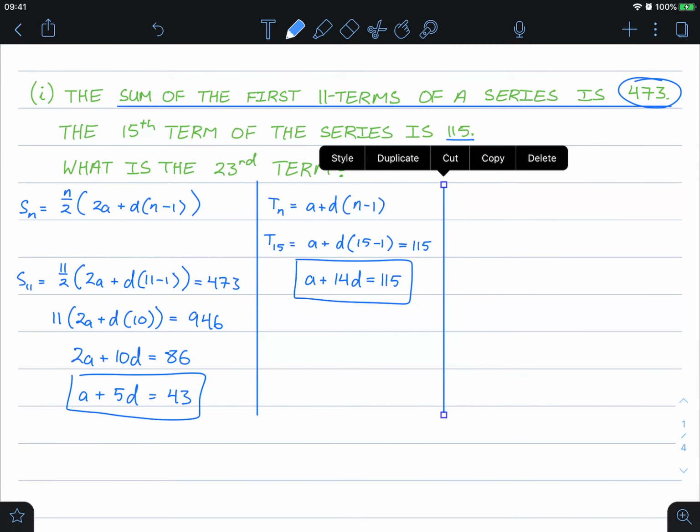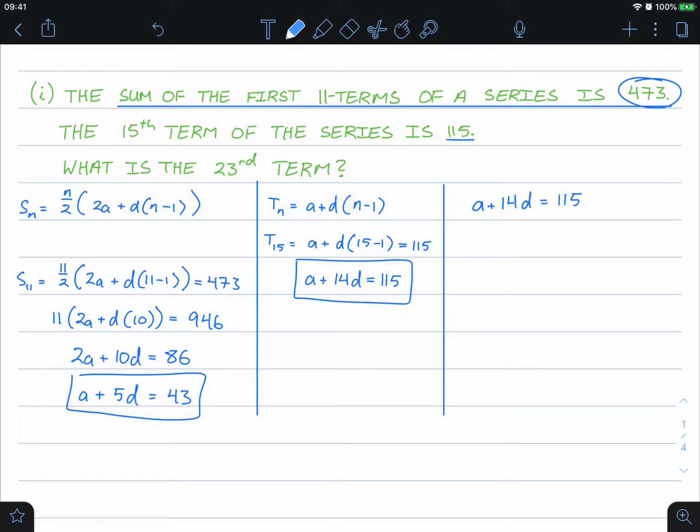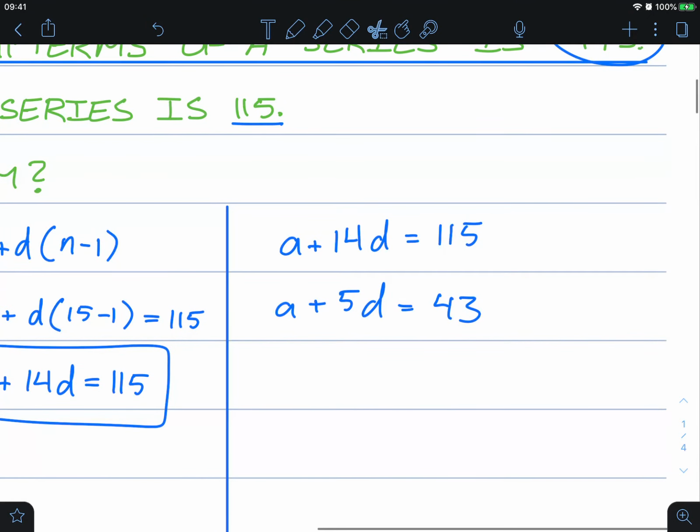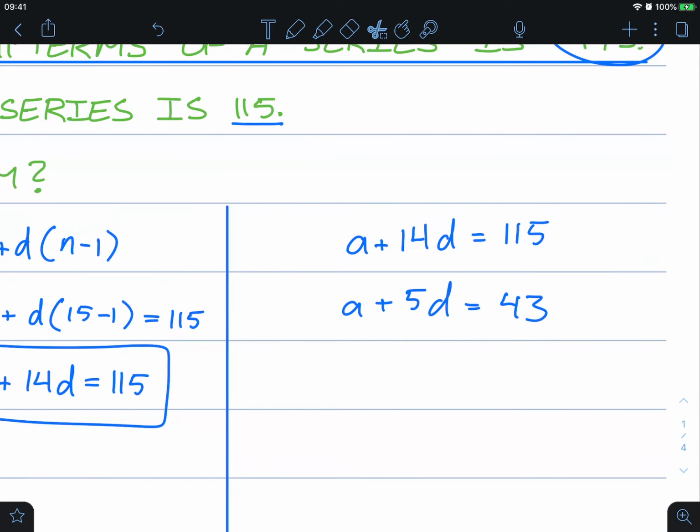So let's write them on top of each other. We get a plus 14d is equal to 115. That's this one here. And the second one is a plus 5d is equal to 43. Now I hope you remember your methods of simultaneous equations. I'm going to do this using elimination. I'm going to subtract.